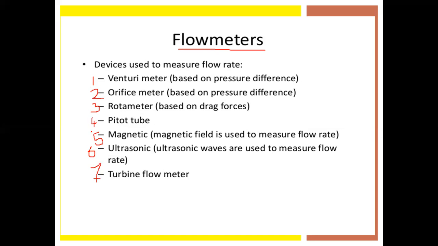Among all these types of devices, in your syllabus, you are having venturimeter, orifice meter, and pitot tube to discuss. Among the 7 types of flow meters, you are having only 3 types to discuss, and based upon their operating conditions, working conditions, and design categories, you are having some derivations. Based upon the derivation, you are getting some formulas, and with that, you are doing some problems, right?